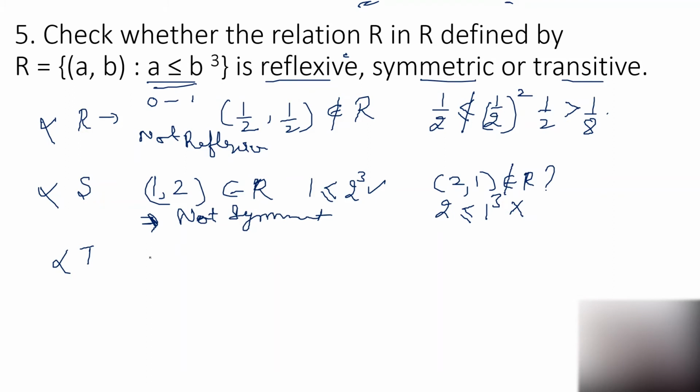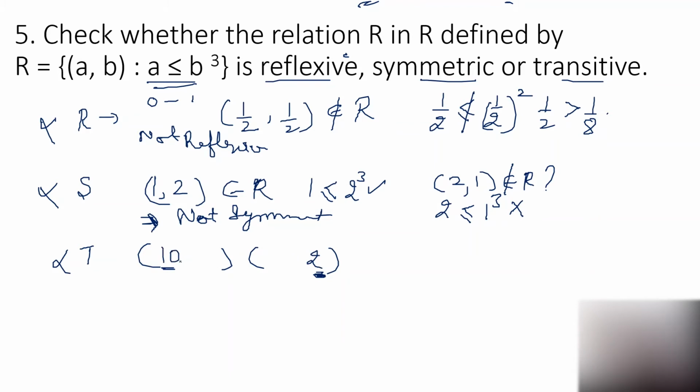Now, transitive. It's not transitive either. So we have to think of an example such that the cube of one number is greater than the other number. We can consider a small number whose cube is 8. We have to consider a number which is greater than that.